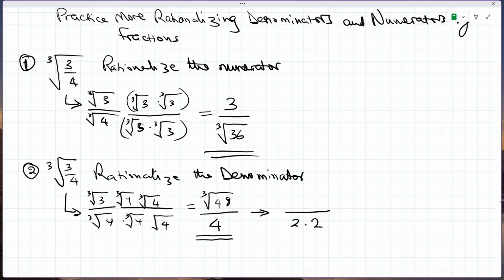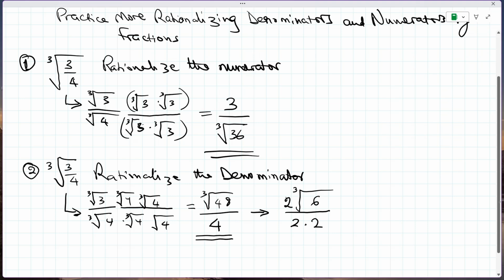And out here we'll have 2 times 2 times 2, which will lead us to having a 2 being brought out, and then inside the root sign we will be left with a 6, because 2 times 2 times 2 times 6 would give us our 48.